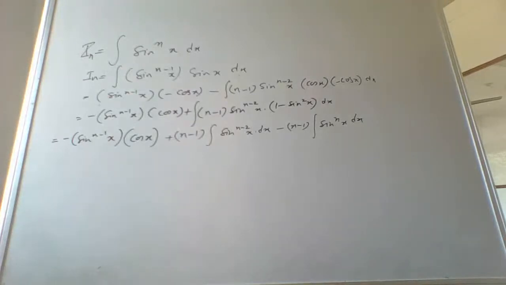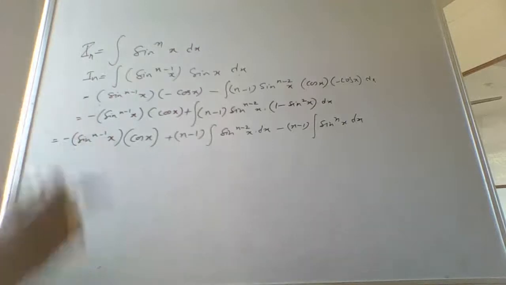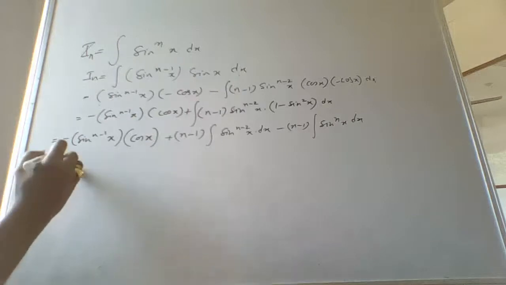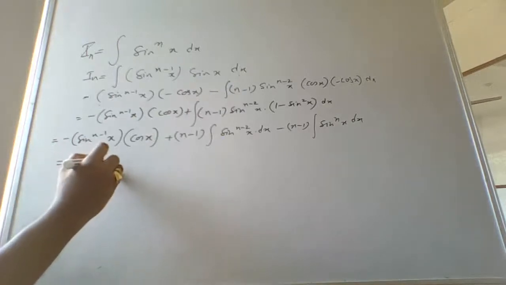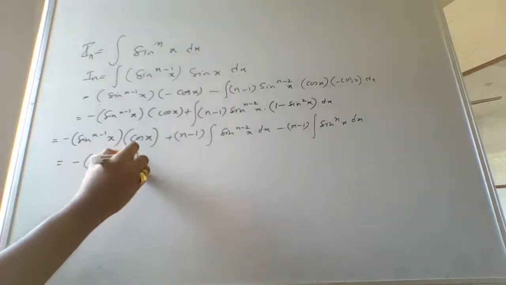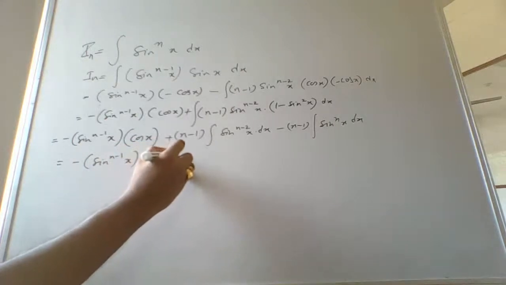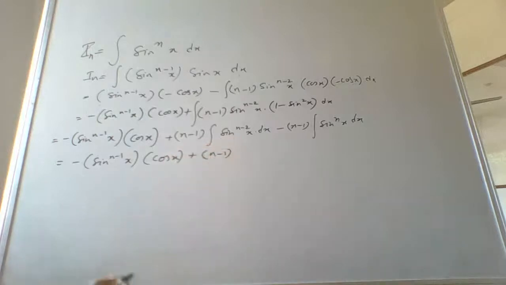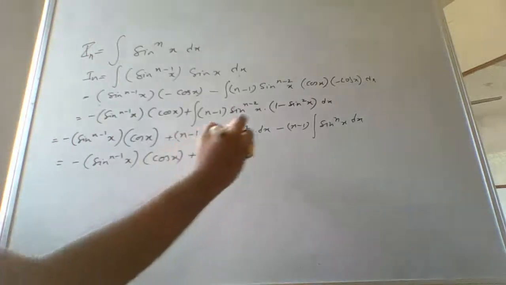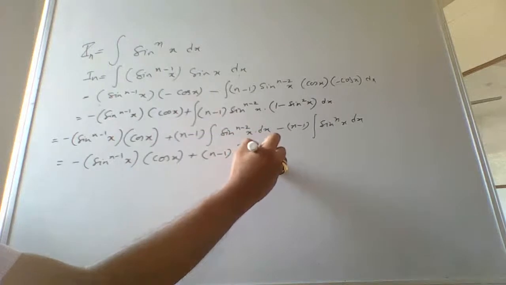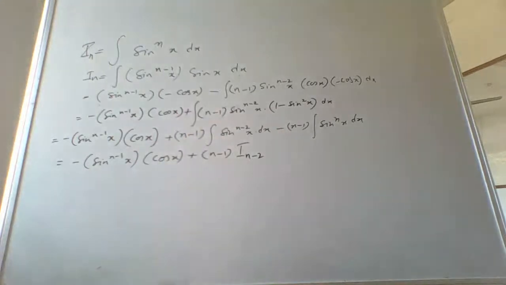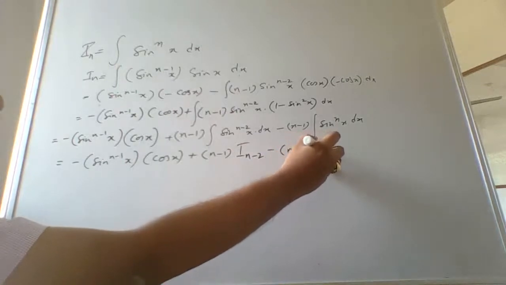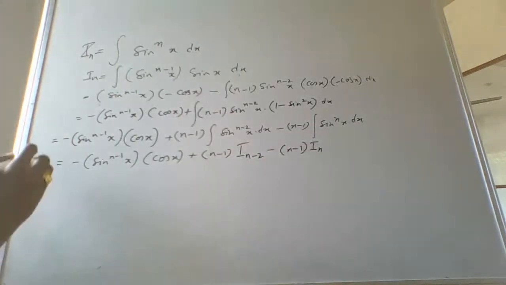Now let us write in terms of I n: this is minus sine n minus 1 x cos x, plus n minus 1 I n minus 2, minus n minus 1 into I n. This is for I n.